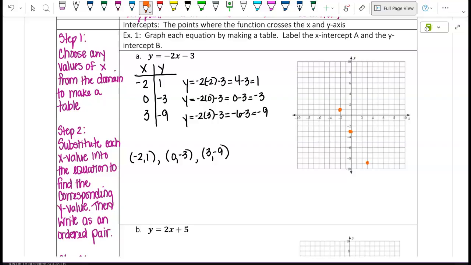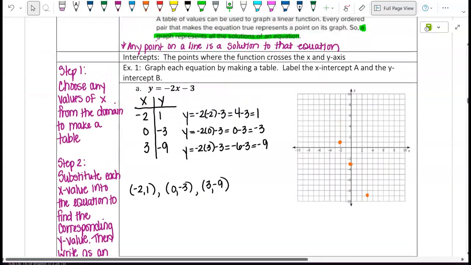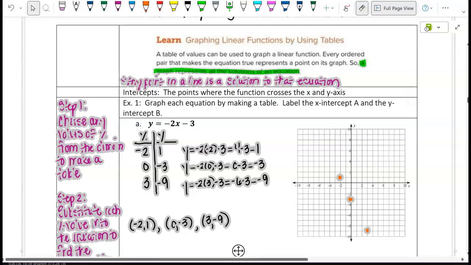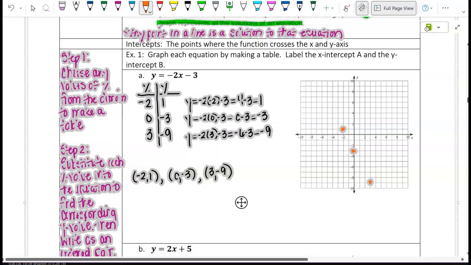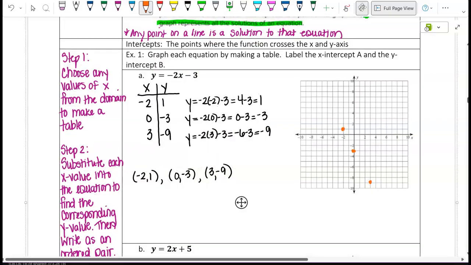Now, if I've done that correctly, all three of those points should fall in the same line. I should be able to take my straight edge and connect them. For some reason, my ruler that's part of my program is not working, so I'm doing the straight edge the best I can to connect my points.